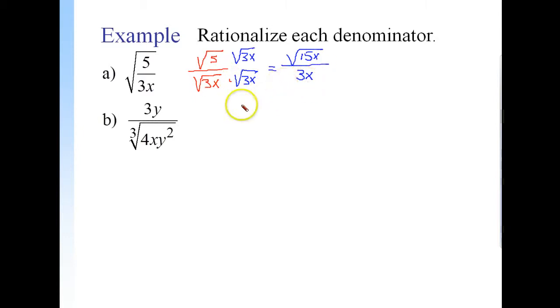All right, for b, now this one doesn't have a radical on top, but it's the third root of 4xy squared. So what form of 1 will we multiply it by?